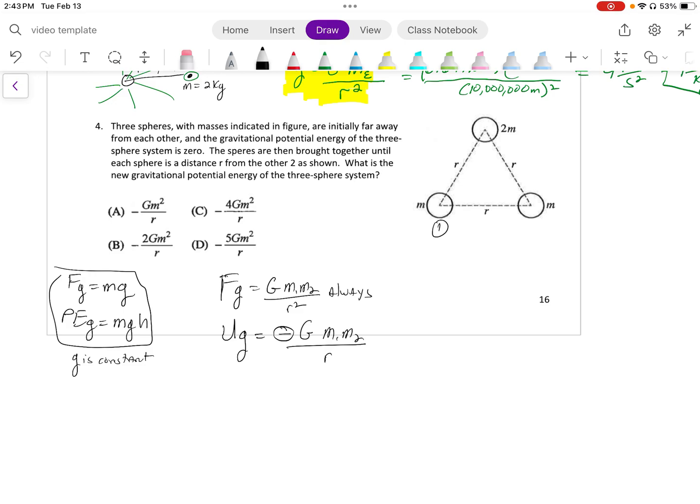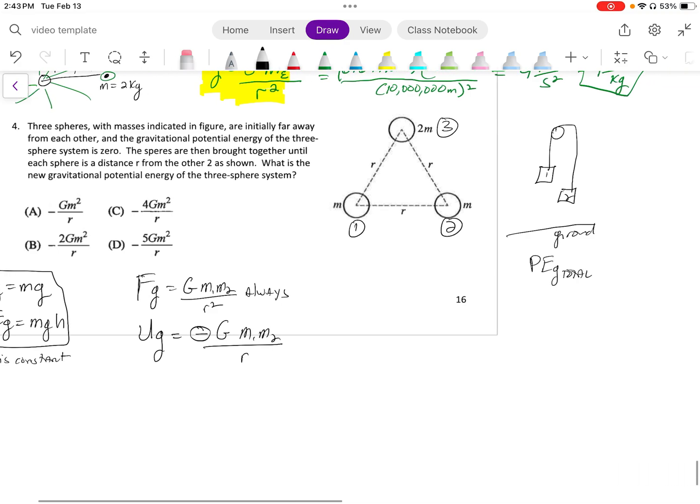I'll call this object 1, object 2, and object 3. Normally, if we had to determine the system, here's a system for you, block 1, and here's block 2, and here's the ground, and I wanted to know the potential energy due to gravity total of the 2-block system, and let's call that the zero line.